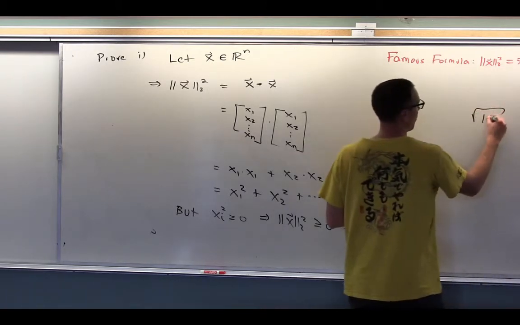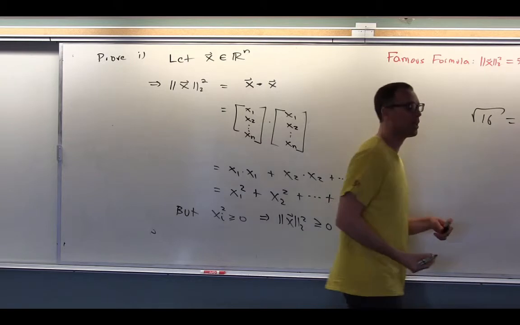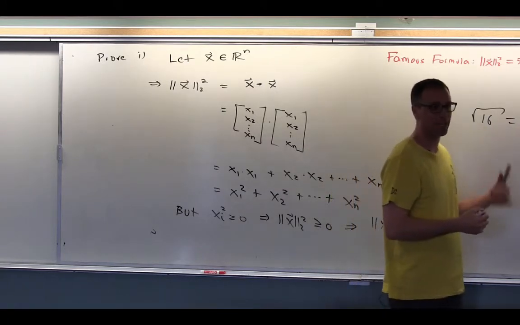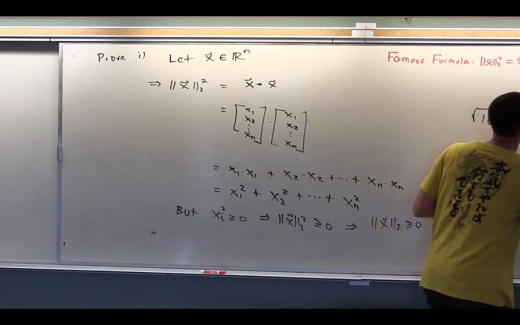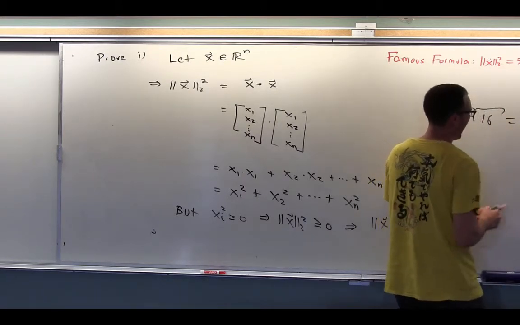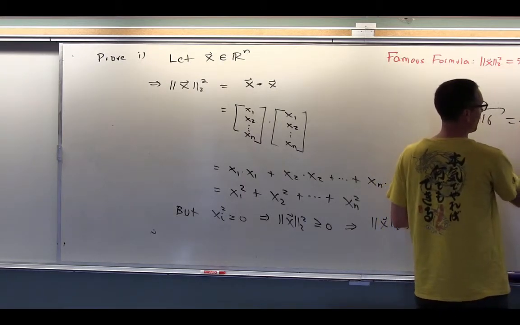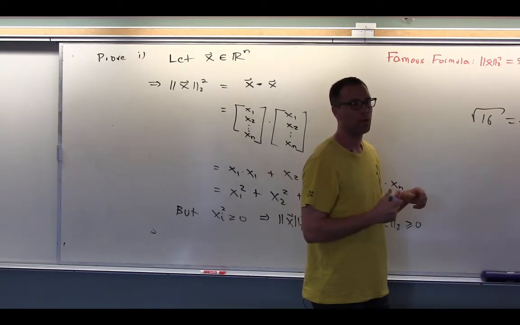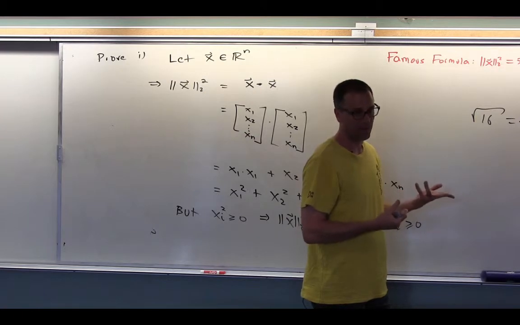If I asked you this problem, would you say that -4 is an answer to that problem? I think 4, but sometimes you do say plus or minus 4 depending on the context.